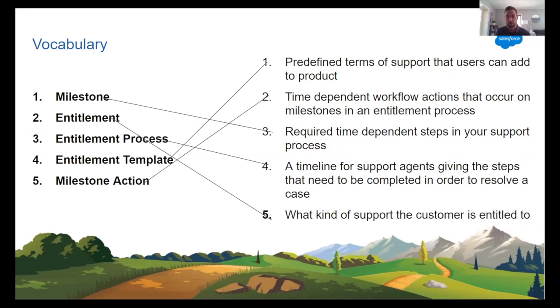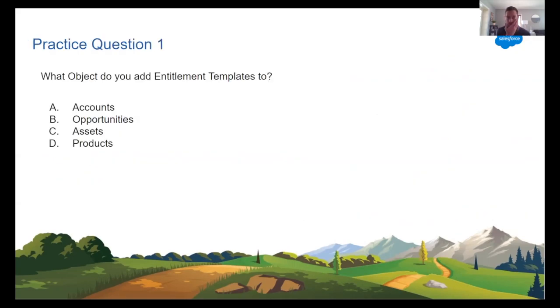Any questions there? And I got 2 multiple choice questions. First one, what object do you add those entitlement templates to? So reminder, the entitlement template is a reoccurring entitlement, so 1 year phone support that I want to add to many customers.